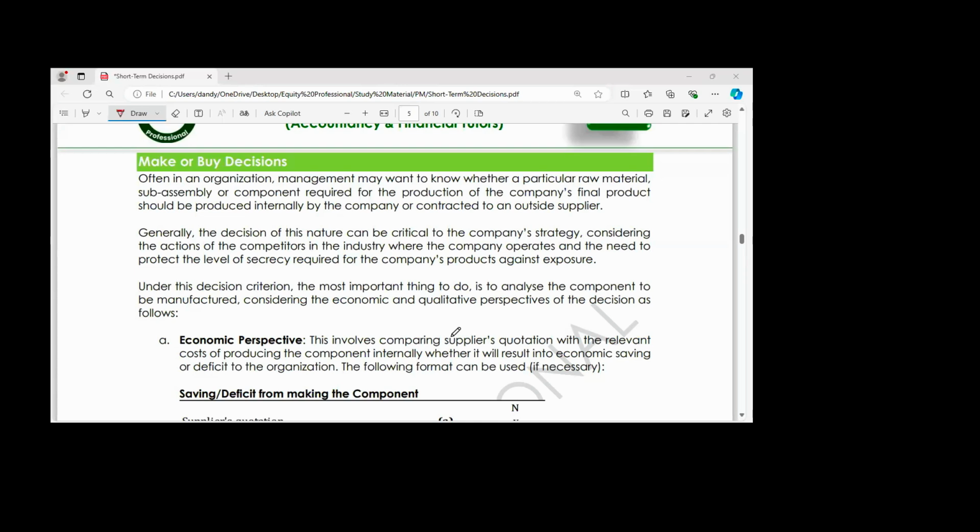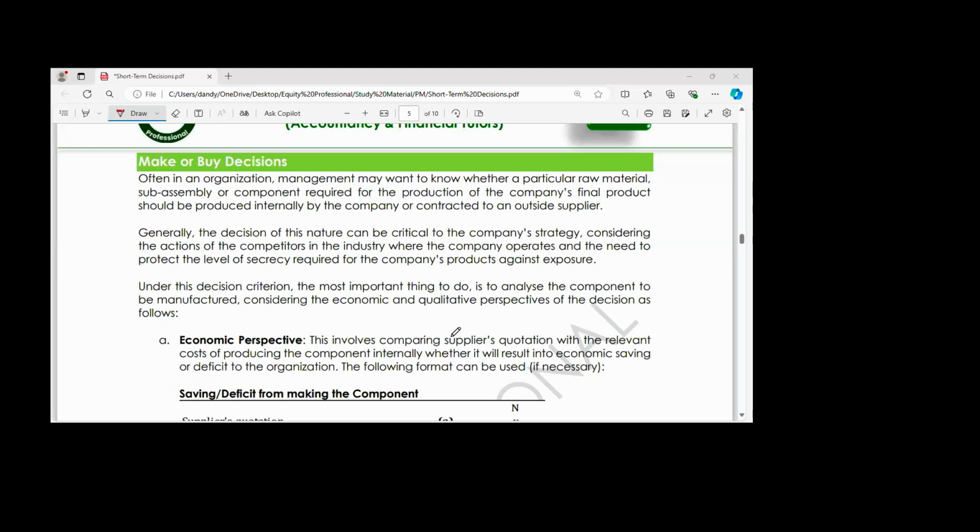One is to achieve savings for the organization, and two, to ensure that a reliable supplier is available to satisfy the existing requirements. So that is the primary purpose of make or buy.